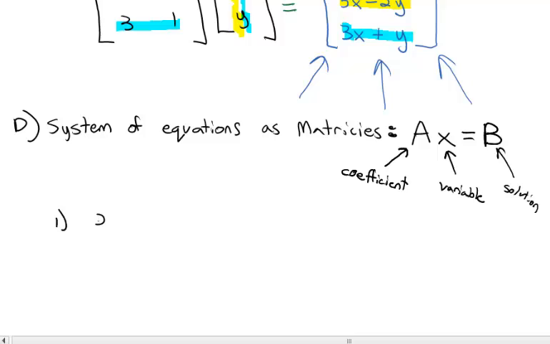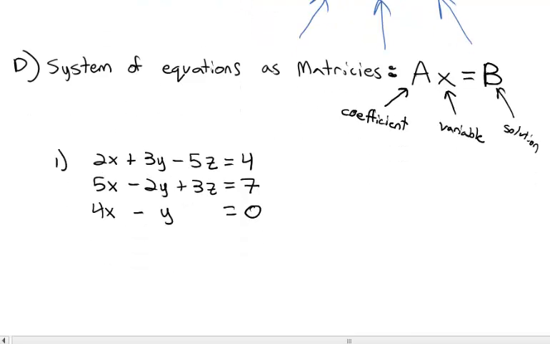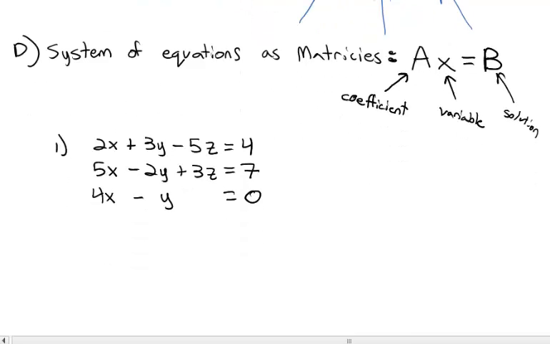So for example, if I have 2x plus 3y minus 5z equals 4, 5x minus 2y plus 3z equals 7, and 4x minus y equals 0, we can represent this system of equations as a matrix multiplication problem.